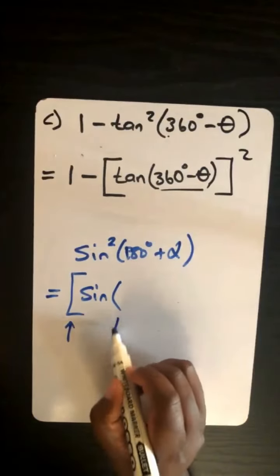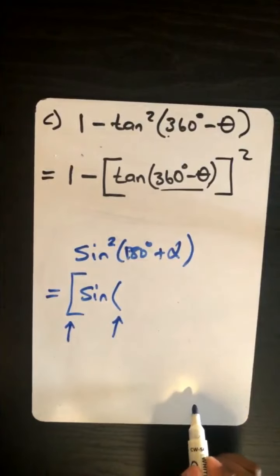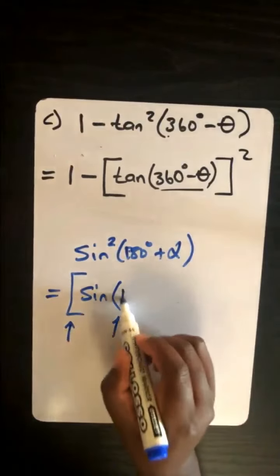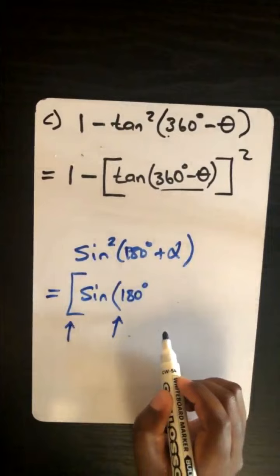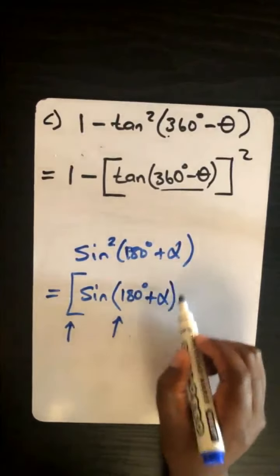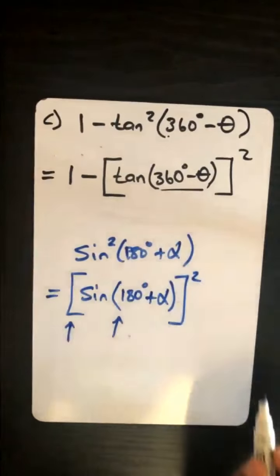Because you knew there's still going to be another bracket inside. So this is going to be 180 degrees plus alpha, close, that then squared.